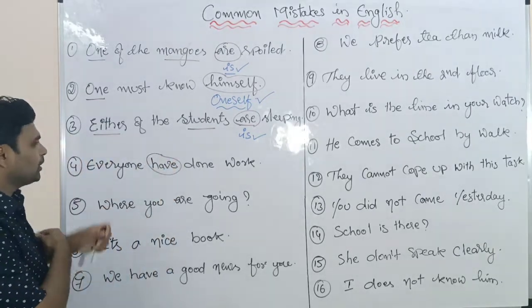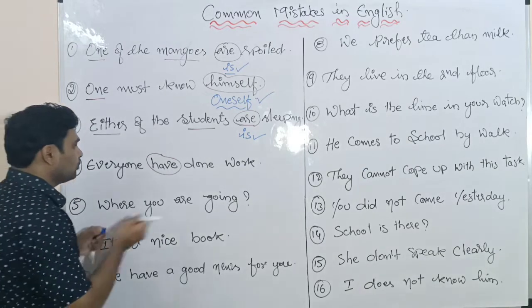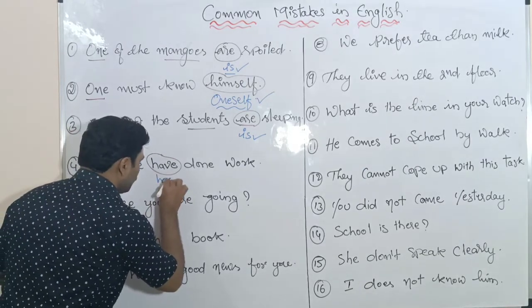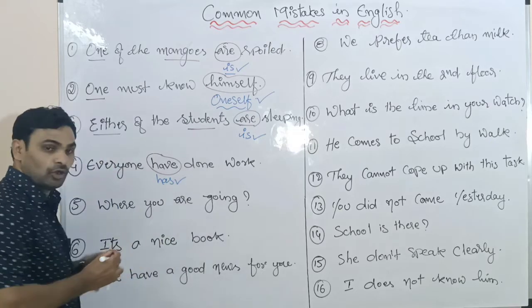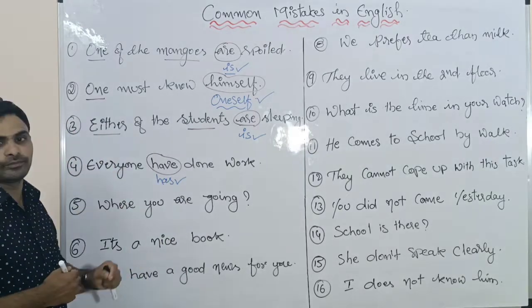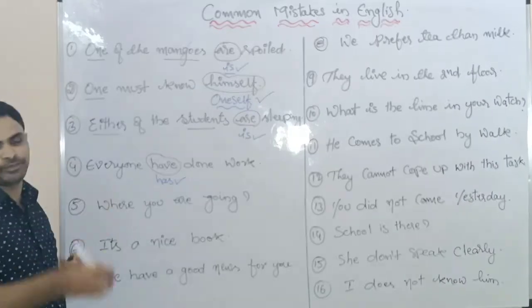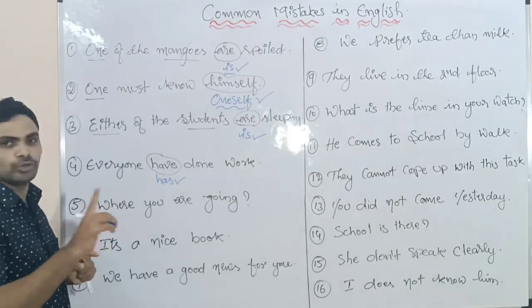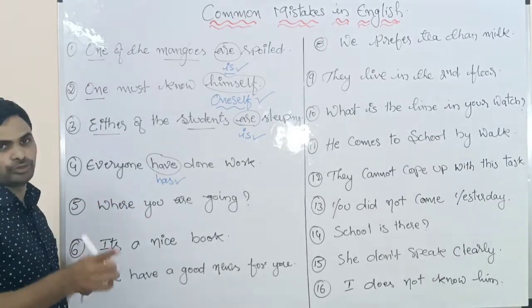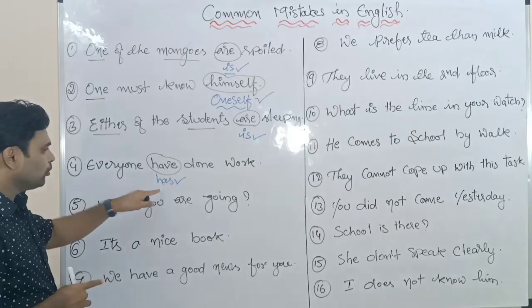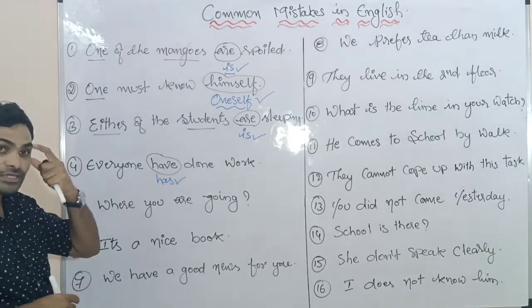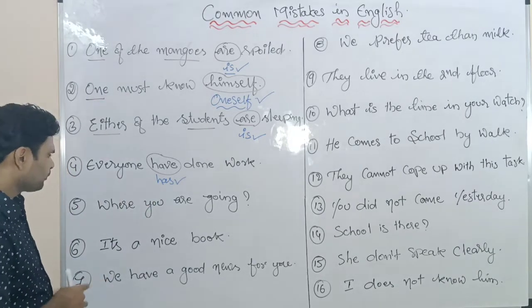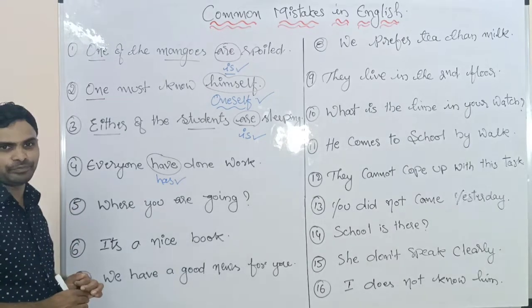So everyone has done work. Not everyone are coming. Everyone is coming. Everyone are good? No. Everyone is good. So with everyone, use the word has for singular. Very good. Very common mistake.